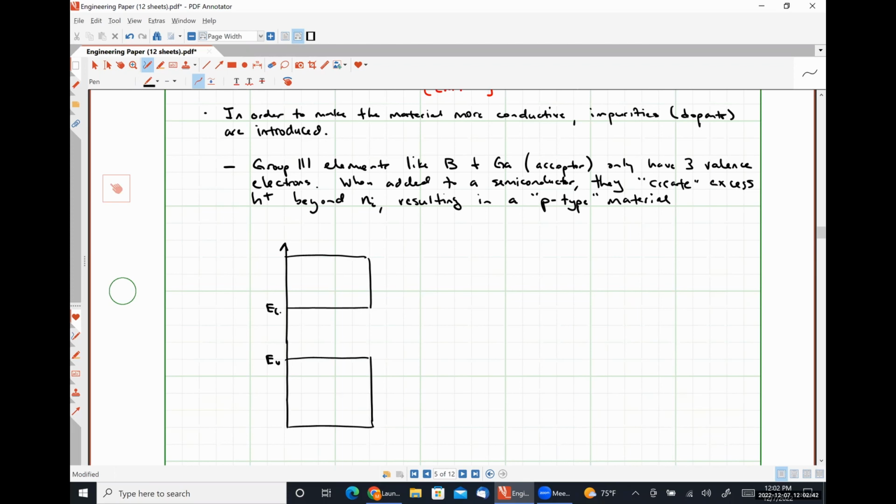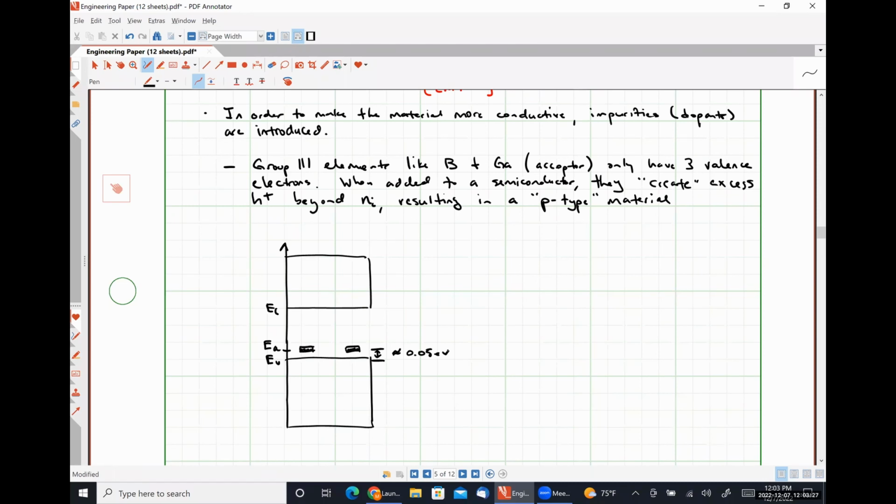So acceptor atoms typically have ionization. Let's talk about it. So this E A right here is going to represent the energy level of acceptor atoms. Okay. So it is pretty close to the valence band. This difference here is somewhere in the ballpark of 0.05 electron volts.